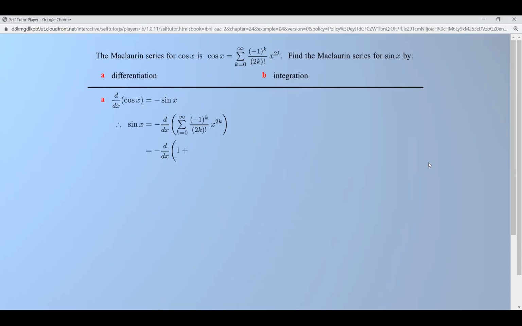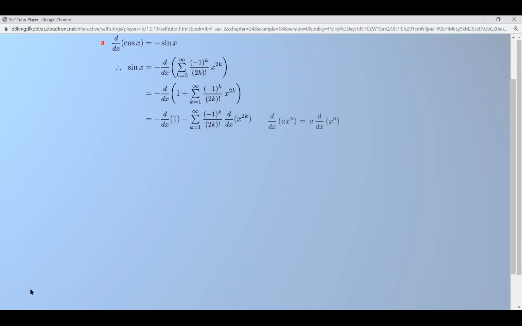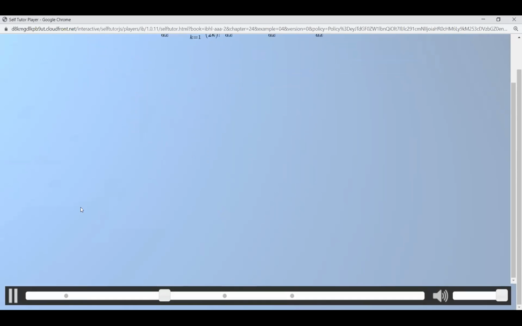We keep the rest of the series in summation notation. When we differentiate term by term, we have the derivative of the constant, and then we have a sum of terms which have the form of a constant times the derivative of x to some power. The derivative of the constant is 0. We remove the negative coefficient.